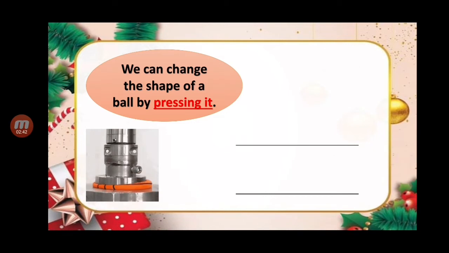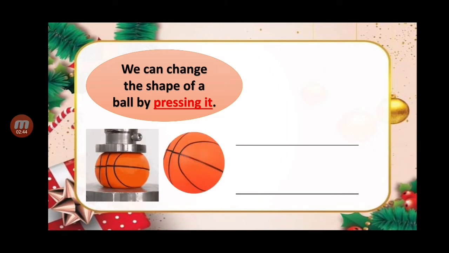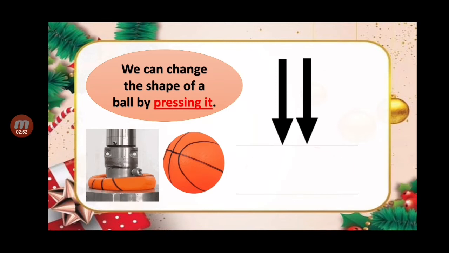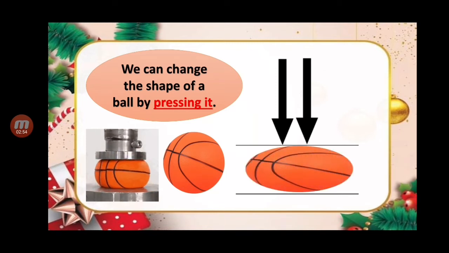At first the ball is round, and when you try to press it, it turns like this. It turns into oval or oblong. Yes, because you use the force pressing, right?